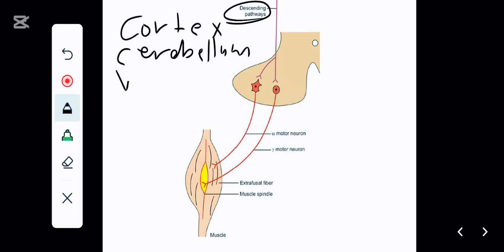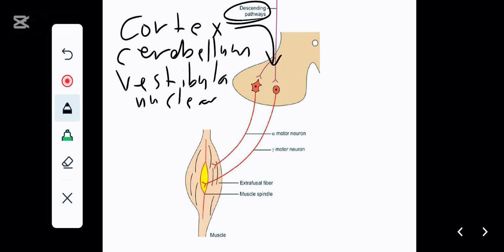And then you also have centers like the vestibular nucleus. These are the centers in the brain that are very much involved with balance and posture. So these send descending pathways to your muscles, and they can cause the alpha gamma co-activation.